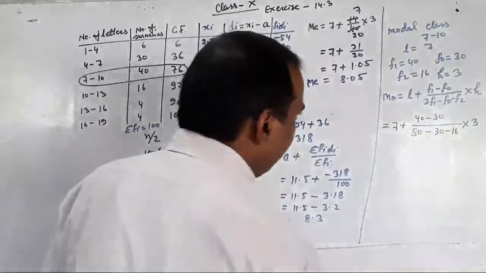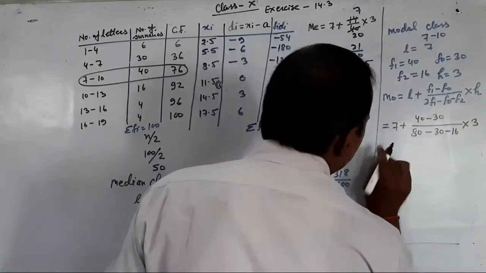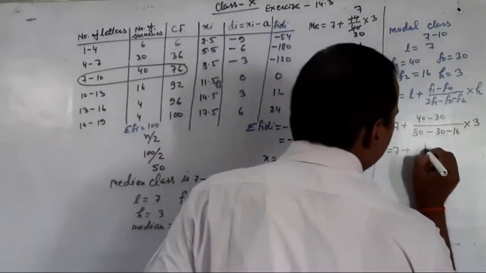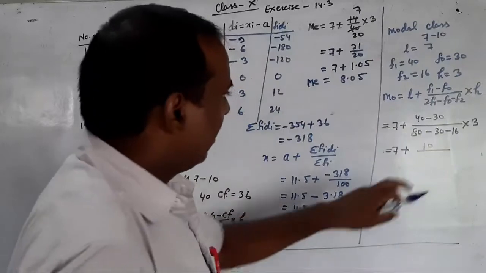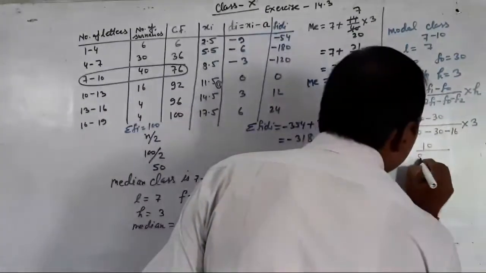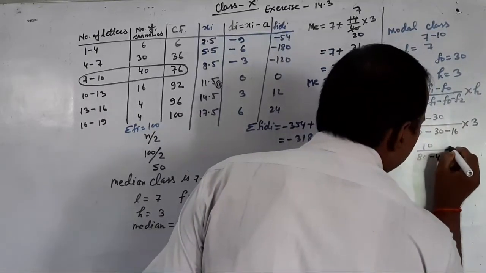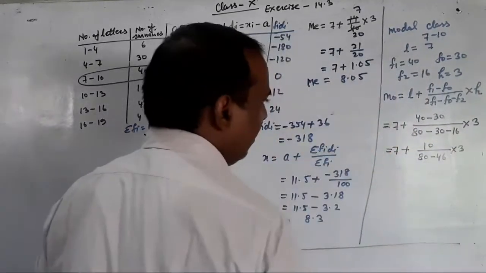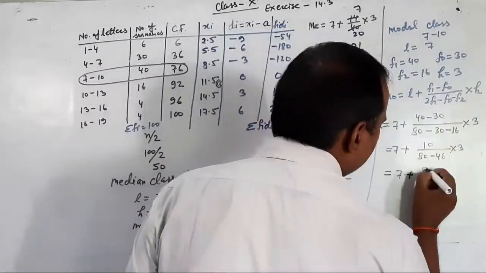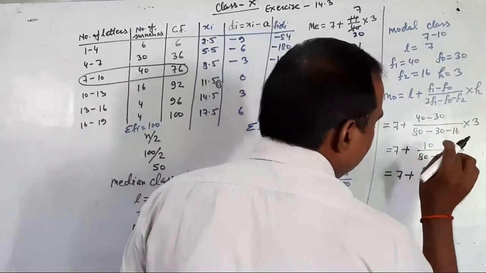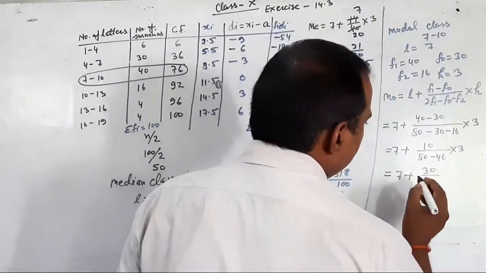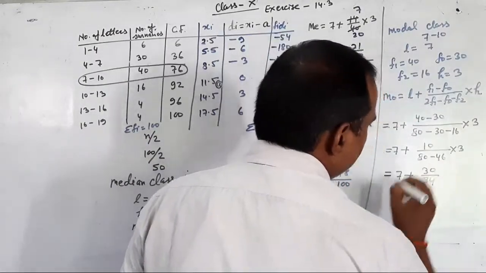So here we have to calculate. It is 7 plus (40 minus 30), that is 10, and 30 and 16 both are negative. So here we can write 80 minus 46 into 3, or we can write 7 plus 10 3s are 30, and 80 minus 46 we can write here 34.